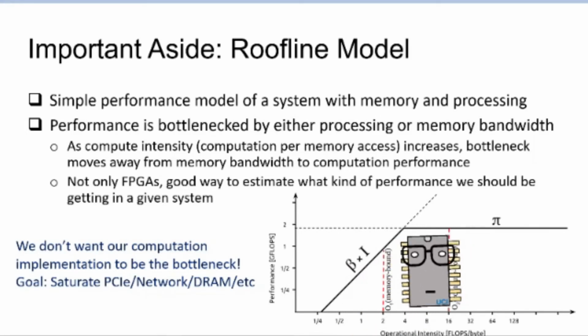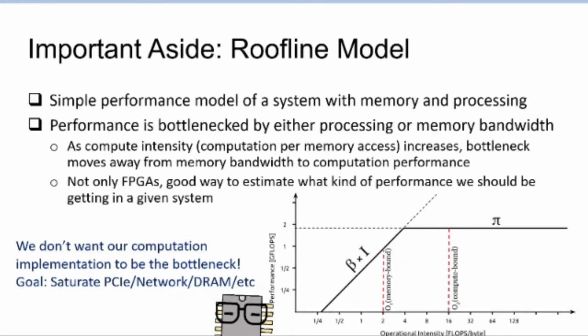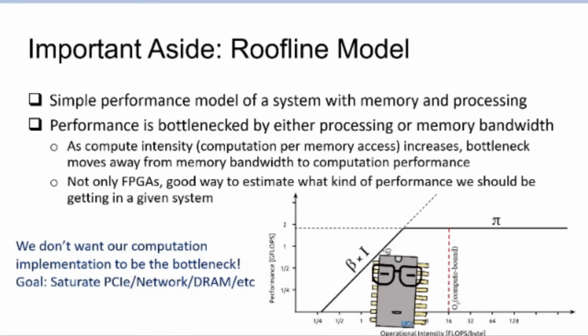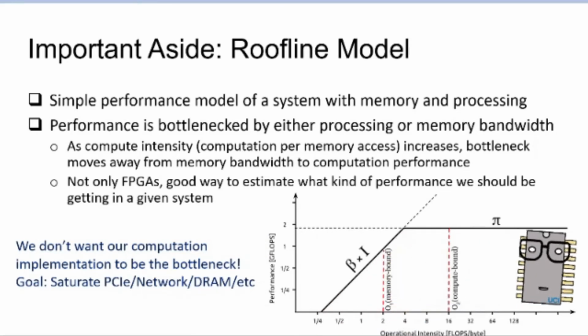Another way to reason about this roofline model is considering the x-axis as the computational performance. If you consider the x-axis as the computational performance of the computation unit, and the y-axis as the actual attainable performance, as the performance of the CPU or the FPGA increases, we will get higher performance, but at some point we will reach the memory bottleneck.